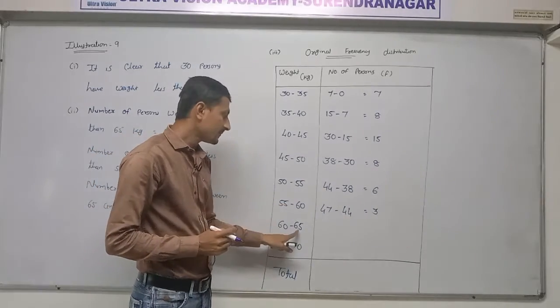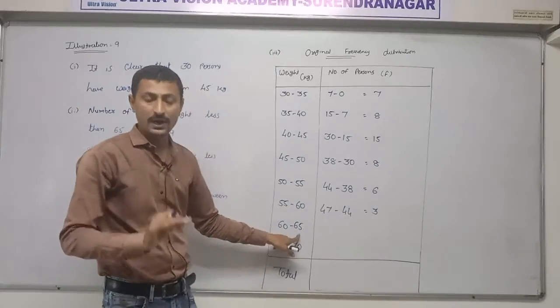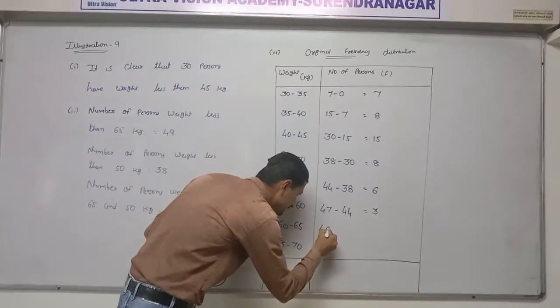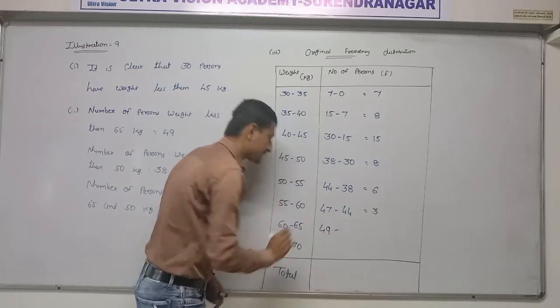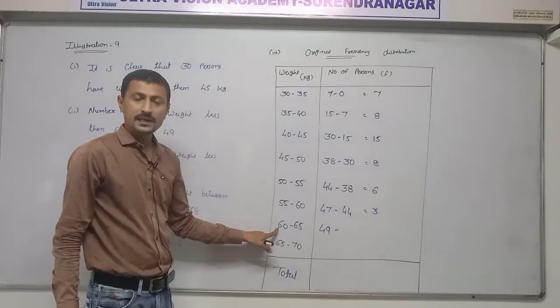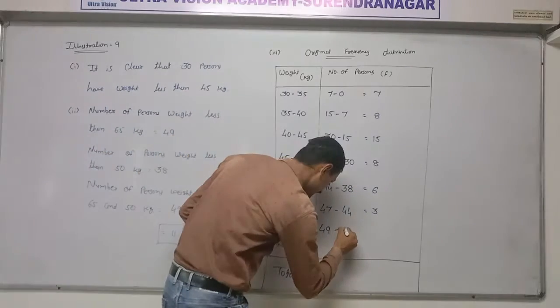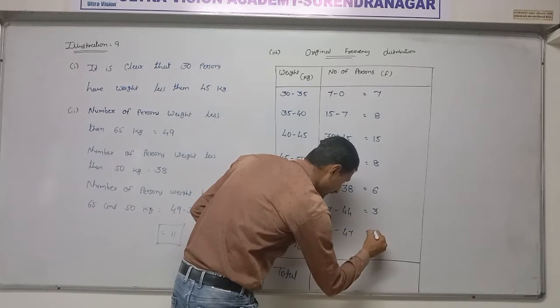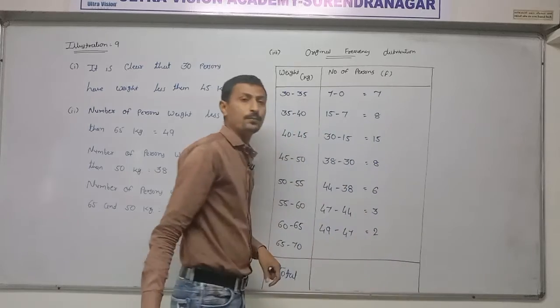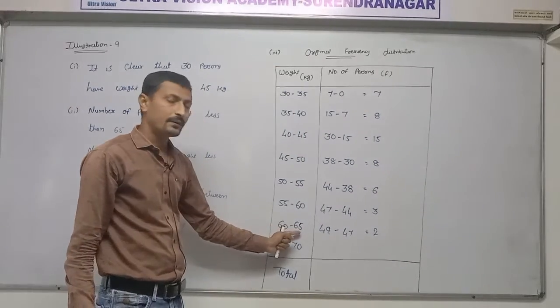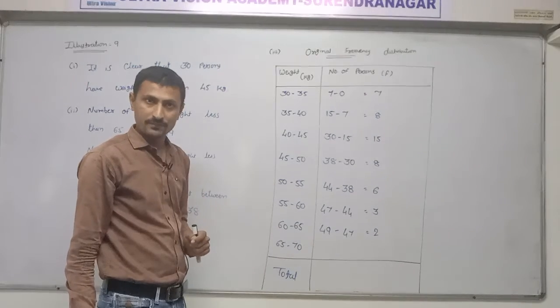Next, less than 65, the number of persons is 49, minus less than 60, which is 47. The difference is 2 persons having weight between 60 and 65.